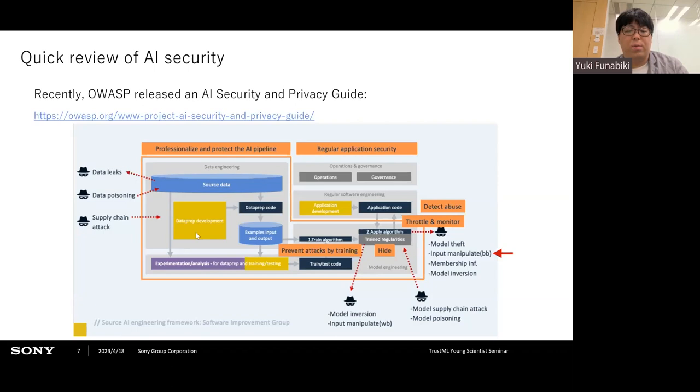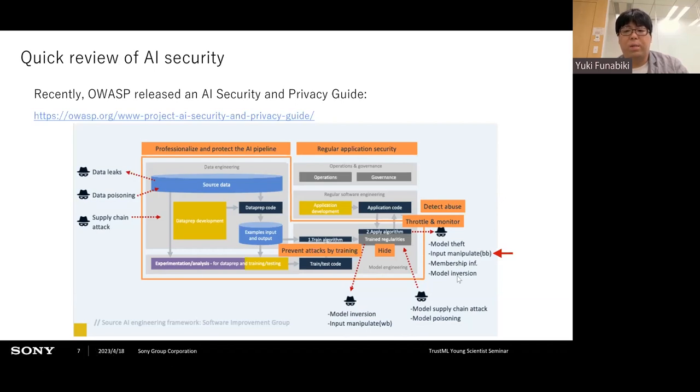inferencing attacks. In this case, the attacker tries to submit malicious queries, and tries to cause several malicious behaviors of the model. For example, model inversion or input manipulation attacks, and model theft or input manipulation black box attacks.